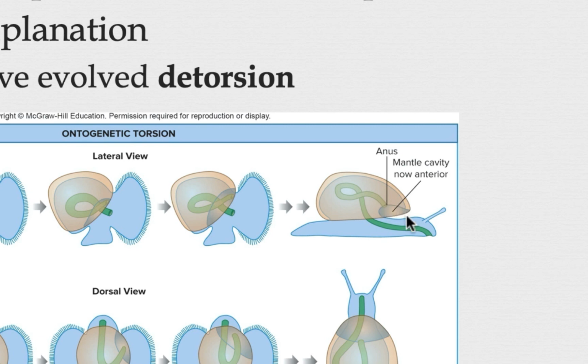Right above the head, which this mantle cavity right here is also where the ctenidia is, so they're defecating onto their head and into their gills. Don't see any real evolutionary advantage to that. It was probably a detrimental mutation that just got fixed in the early ancestor of all the gastropods, and some of them have simply evolved detorsion to straighten this out.